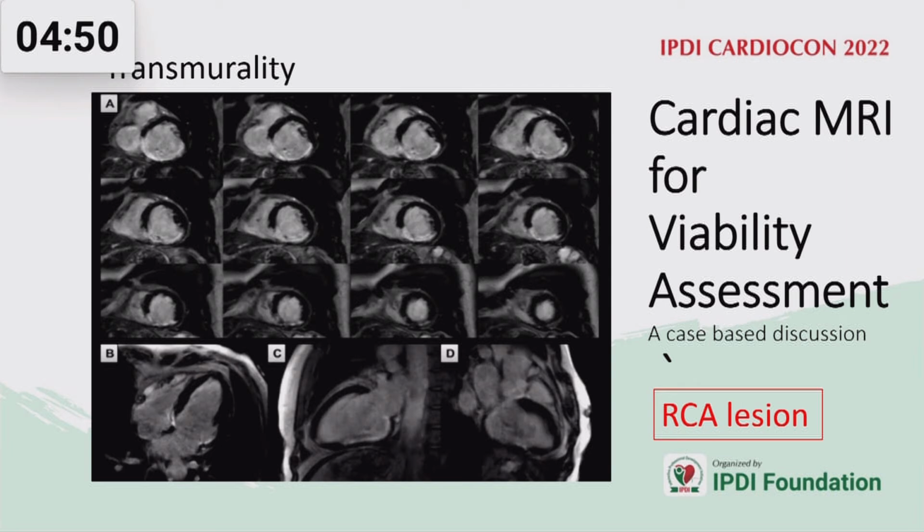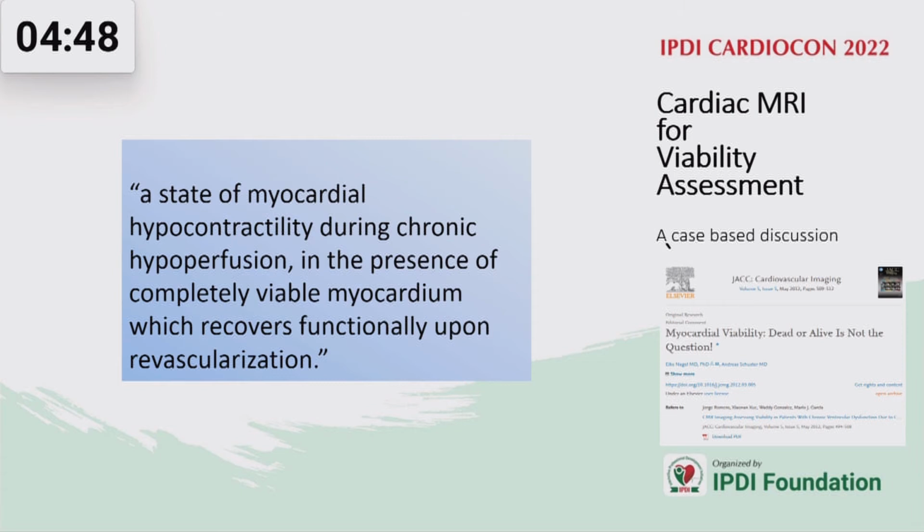You can see this is 100% fibrosis, so there is no viability in the inferior wall. This is an RCA lesion. So we are talking about the state of myocardial hypocontractility during chronic hypoperfusion, in the presence of completely viable myocardium, which recovers functionally upon revascularization. This is one answer to the question of myocardial viability from JACC.